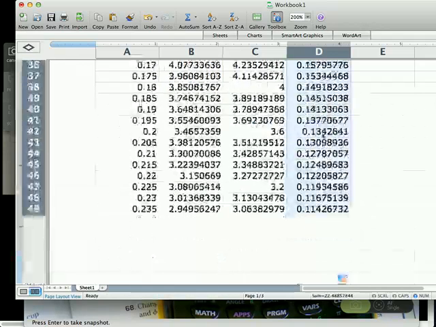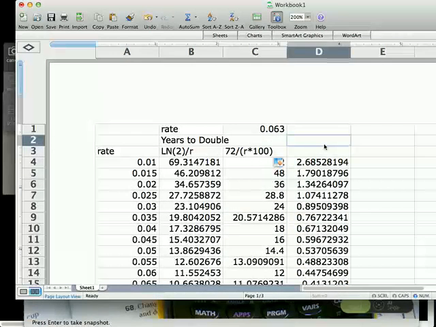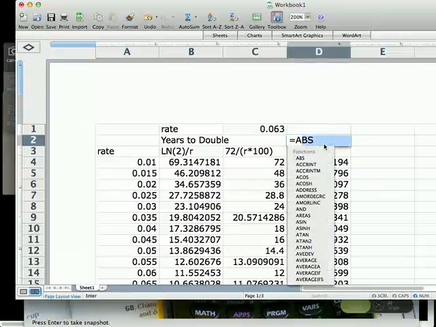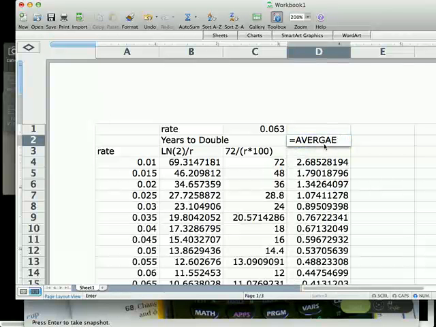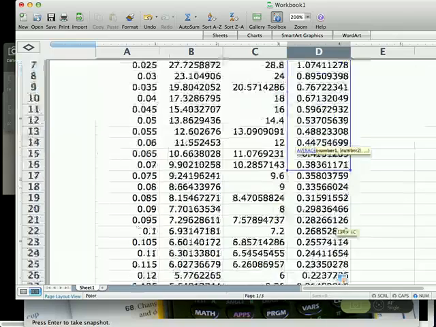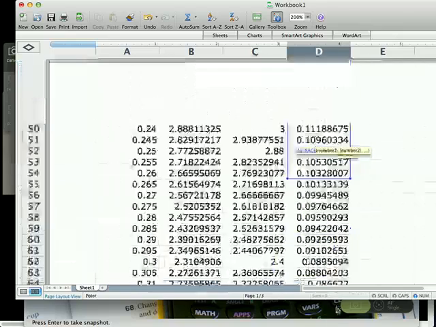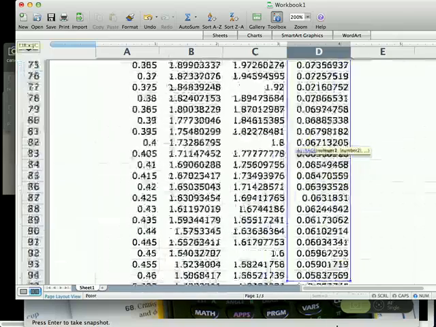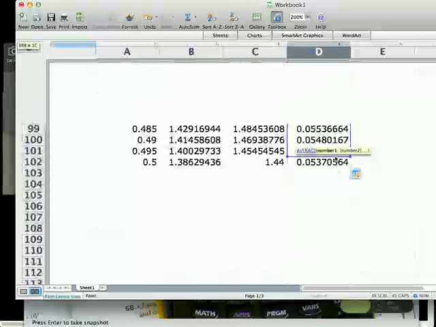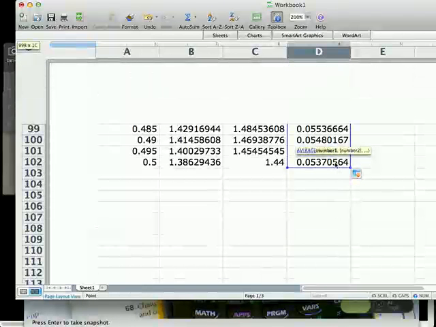And then I could even do something like, what is the average of all of this data? And it will tell me how far off it is on average. Actually, at some point, I think it might even go negative.